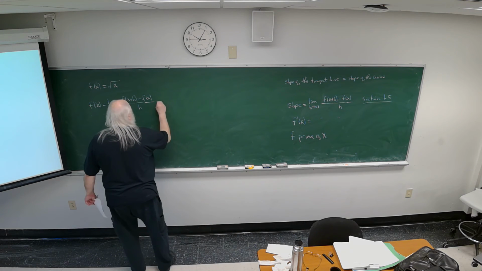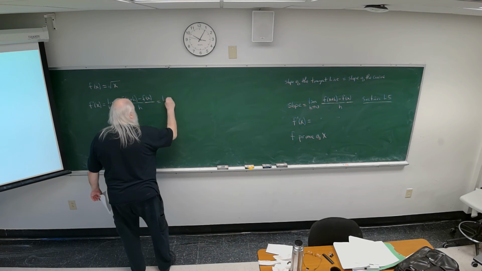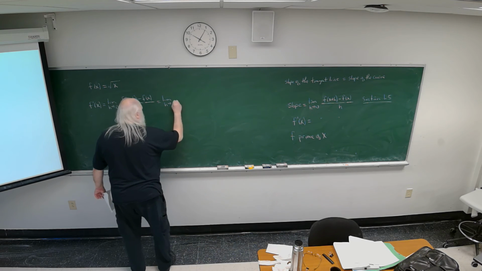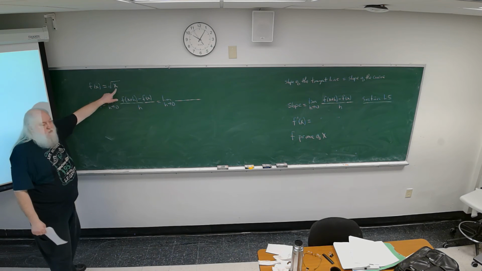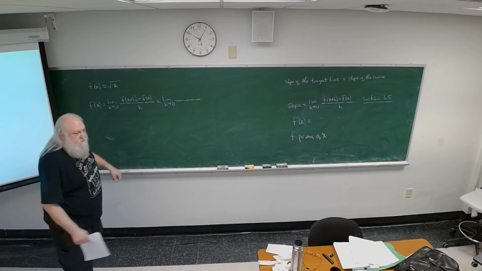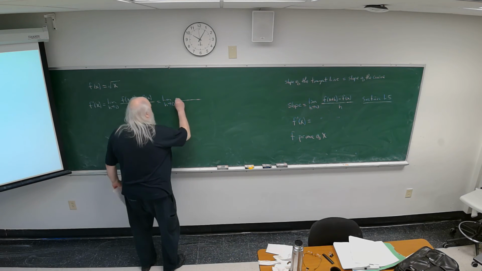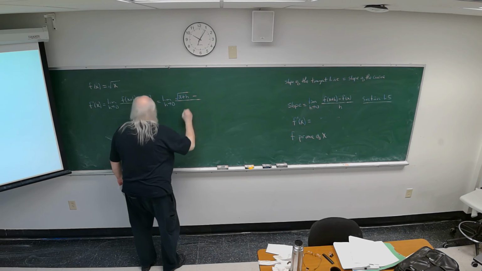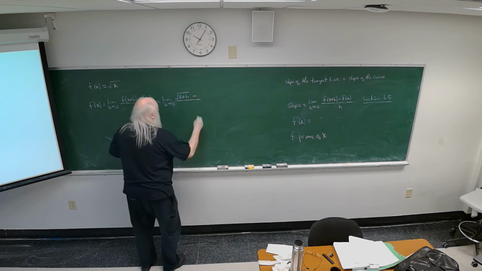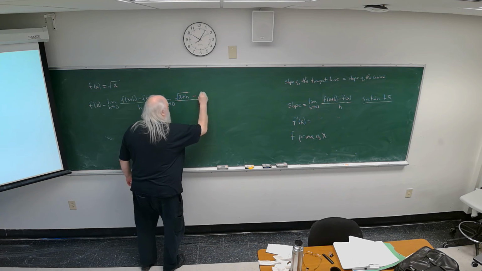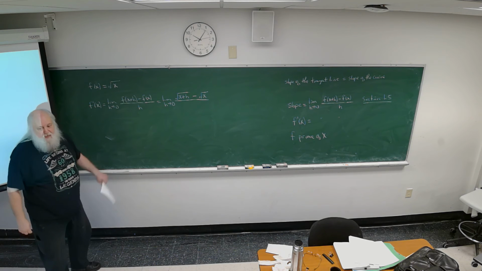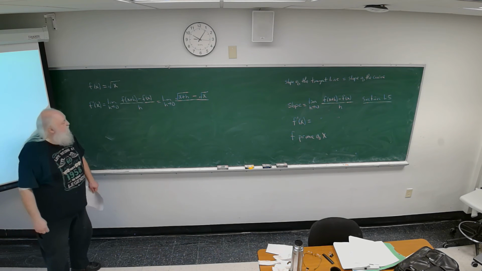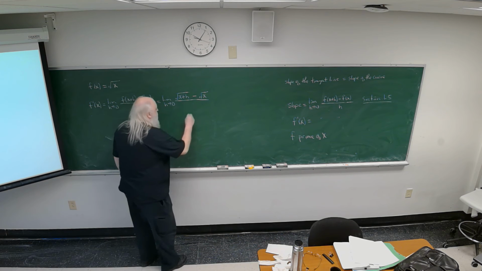Well, f of x plus h is put in x plus h where you see an x on the right hand side. So we have the square root of x plus h and minus f of x, which is just the square root of x. I intentionally made this problem with not a lot of math in it. Okay? And that's divided by h.